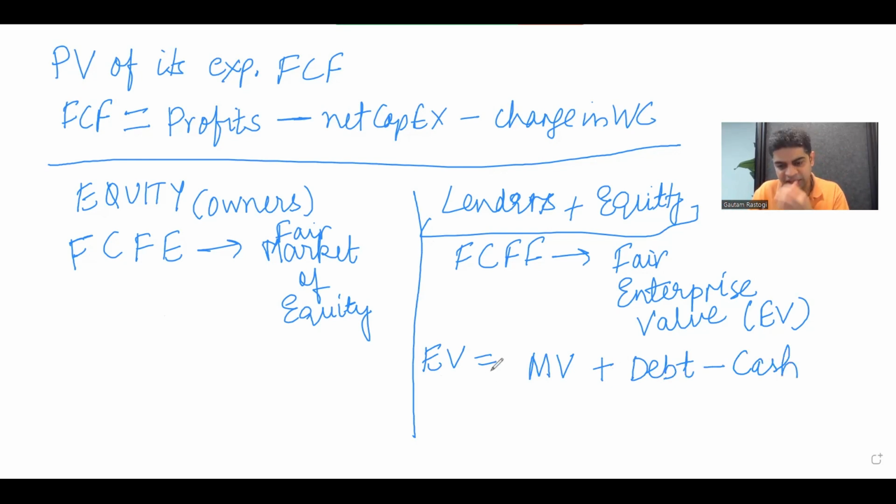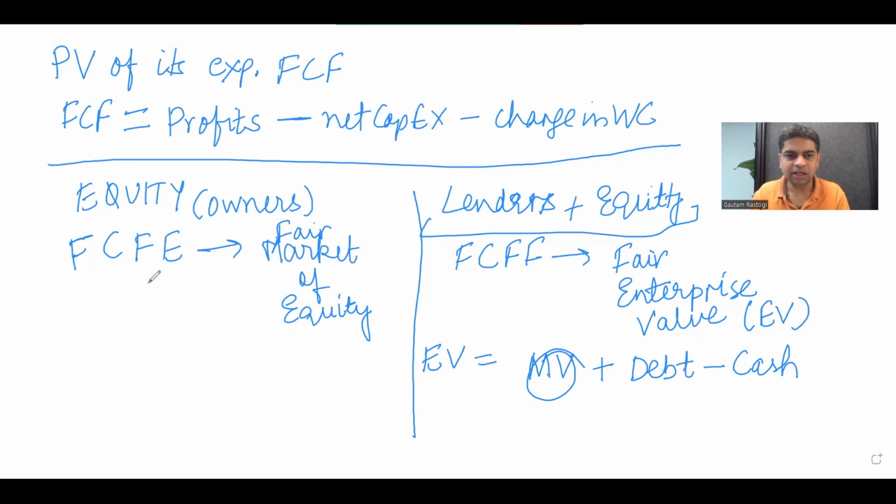Okay. So say if you want to buy a business, you would look at enterprise value, because if the business has some debt, some udhari, you'll have to take the debt too. You just cannot buy market value. You'll have to take on the debt too, and you'll pocket the cash. So that's why you look at enterprise value.